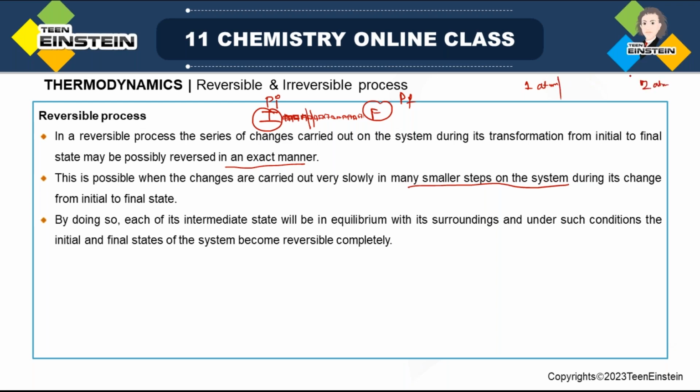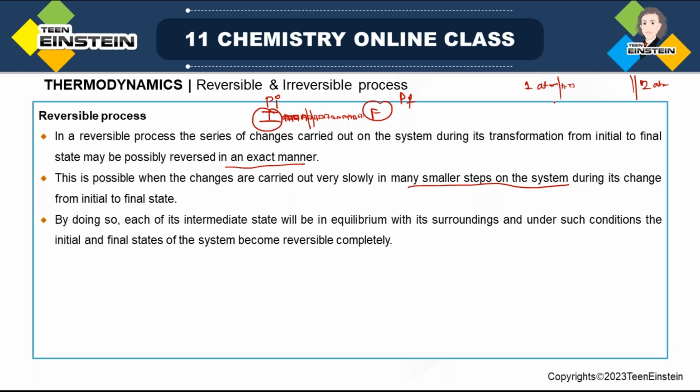But if you are not doing it abruptly, and you are making the change very small, suppose you are increasing the pressure, the first change you make is 1.0001. So it is almost equal to 1. That is why I am saying you are breaking it into smaller steps. You are not doing it abruptly.